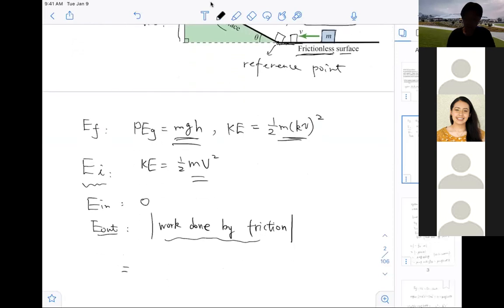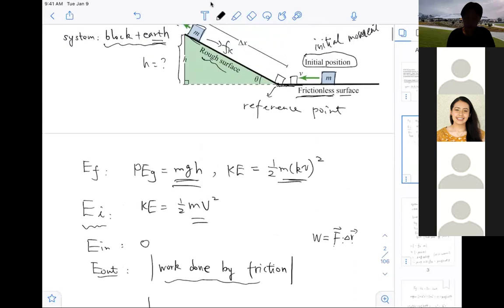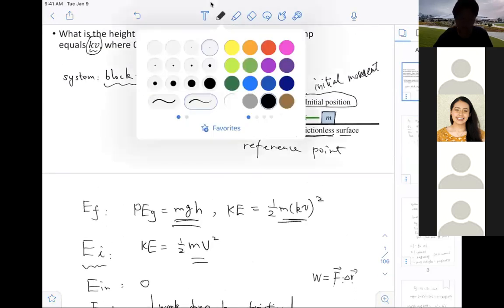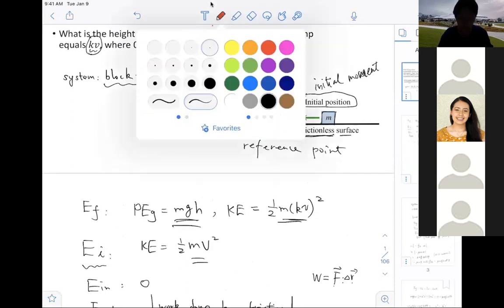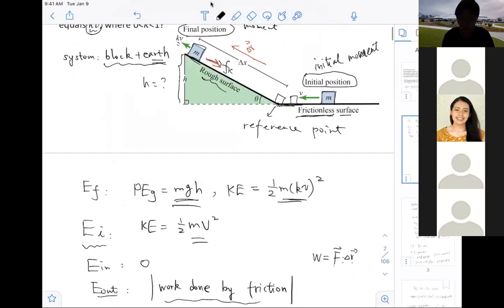So the work done by friction. What is the definition of work? Let's remind ourselves, it is force dot displacement. In this case, let me draw my force. Force is down the ramp, okay? And your displacement is up the ramp for the entire length of the ramp, delta x. These two vectors are opposing each other, they're in different directions.